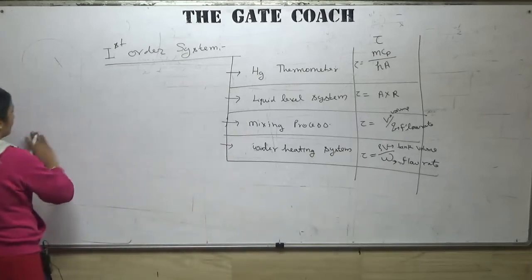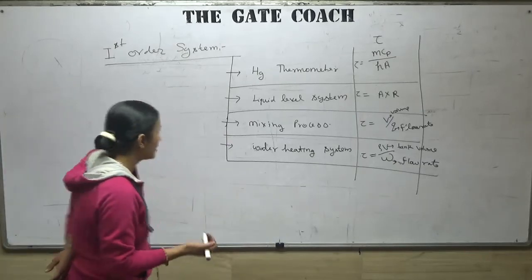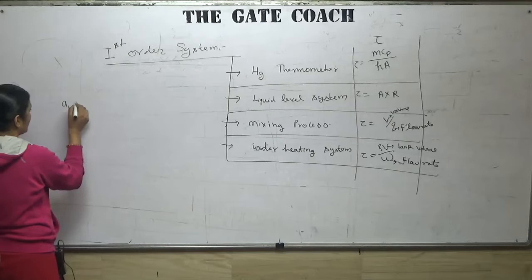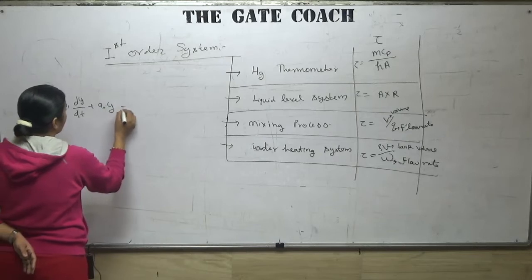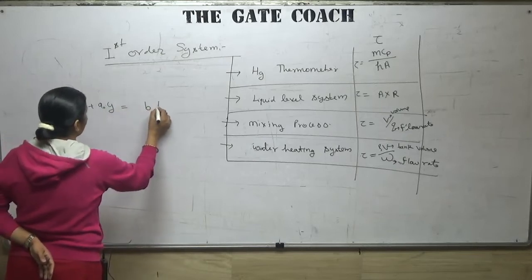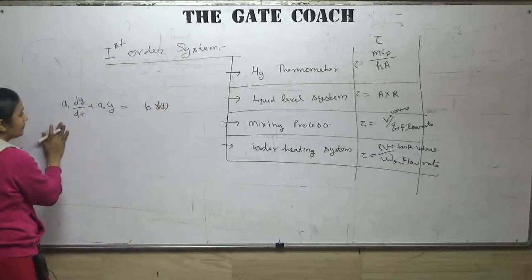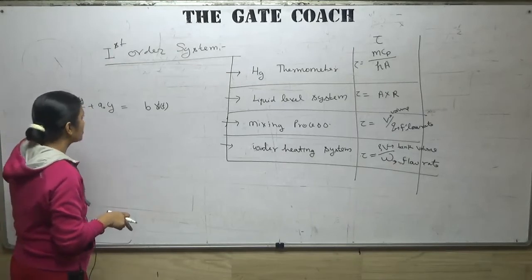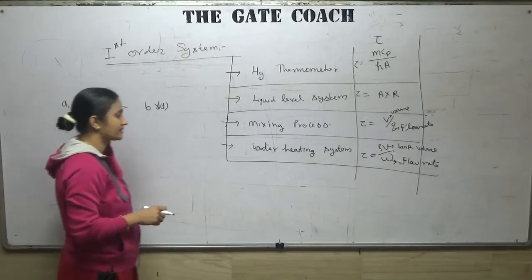What is a first order system? First order systems are those that follow a first order linear differential equation. For example, if the system has the mathematical model equation like a1 dy/dt plus a0 y equals b x(t), this is a first order linear differential equation. If we get this type of model equation from any process, then such a system is called a first order system.